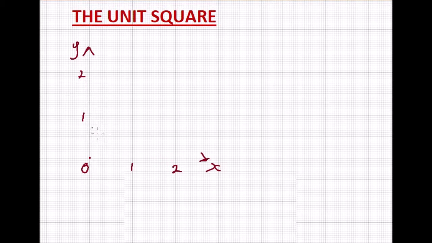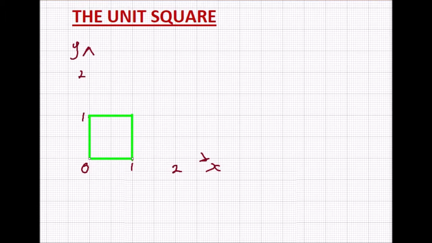So we have defined a unit square as a square that has 1 unit in dimension. So let's take along the y-axis, here that is 1 unit, along the x-axis that is 1 unit, and here we have another point. So those 4 points plus the origin form the unit square. So this is our unit square.